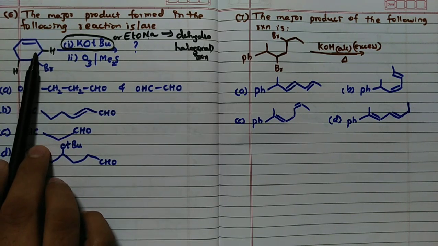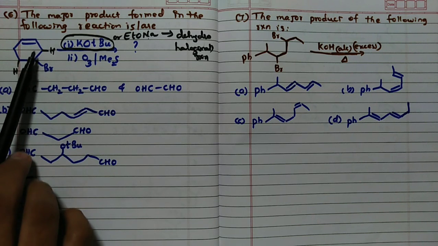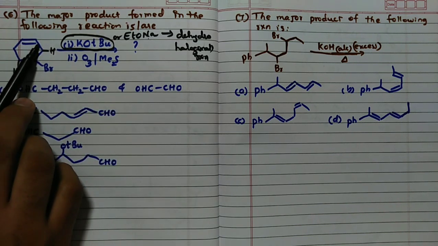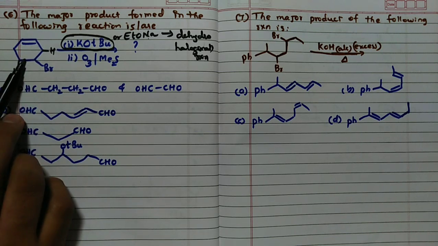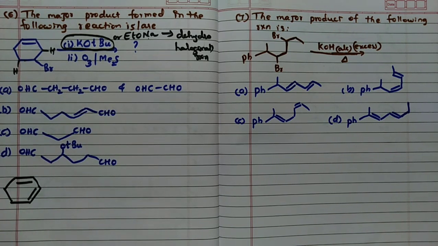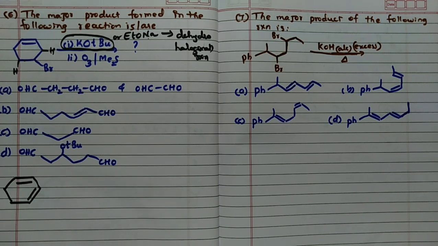Here or here you can use the same Saytzeff's rule, no difference at all. But conjugated dienes are more stable: double bond here, single bond, double bond here. The other double bond is not more stable. Hence this double bond and this double bond in the conjugated system are more stable. I will write it here.